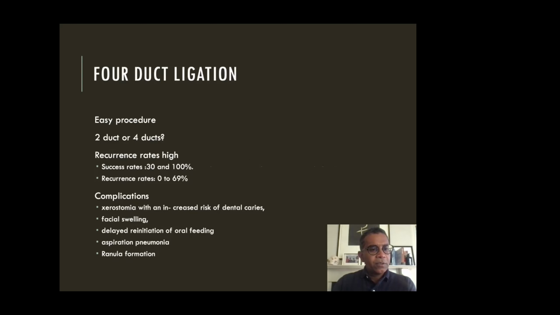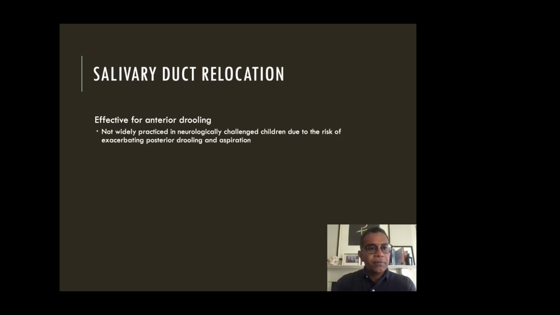Complications include increased risk of dental caries, facial swelling in parotid duct ligation, delayed reinitiation of oral feeding, aspiration pneumonia, and ranula formation. Salivary duct relocation or rerouting is an effective procedure for anterior drooling, but is not widely practiced in neurologically challenged children due to the risk of exacerbating posterior drooling and hence aspiration of saliva.